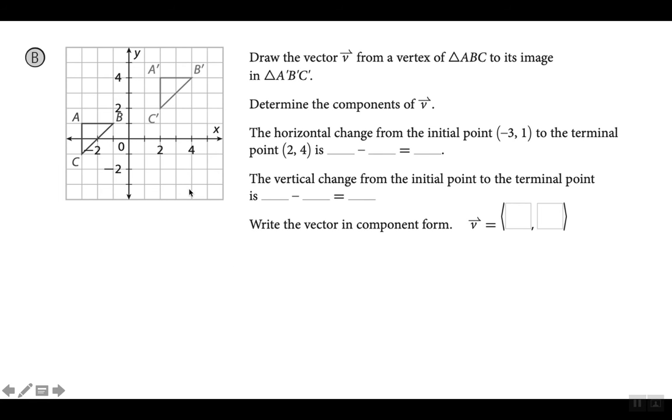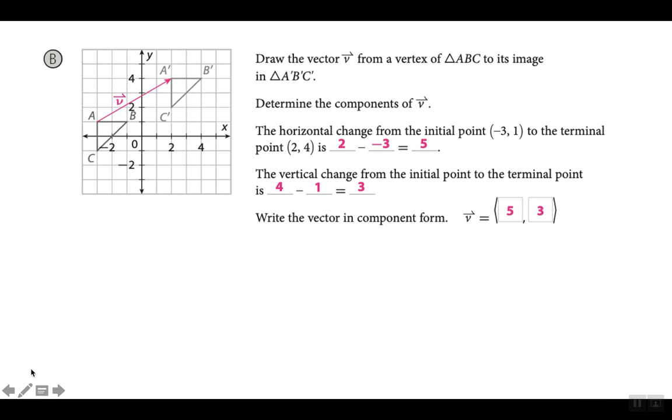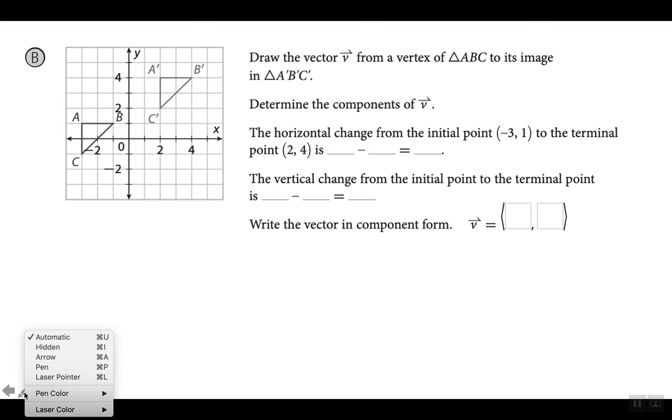All right, look. So it says write the vector in component form. All right, so the easy part is this. Pick a point, like for example, oh, I forgot to choose my pen. Made a mistake there, guys, sorry. All right, let's pick point A. So going from point A to point A prime.